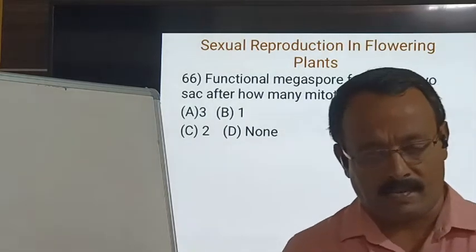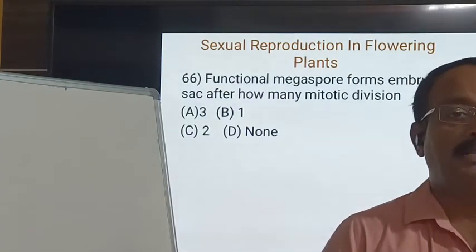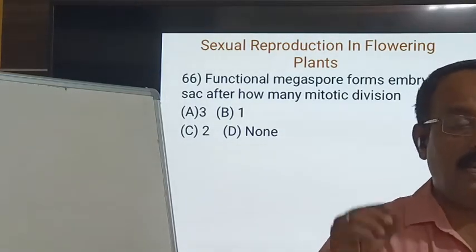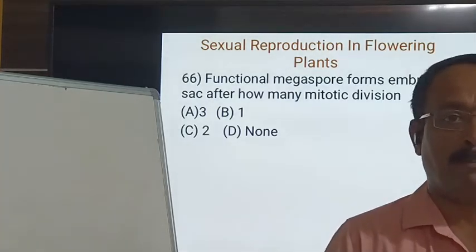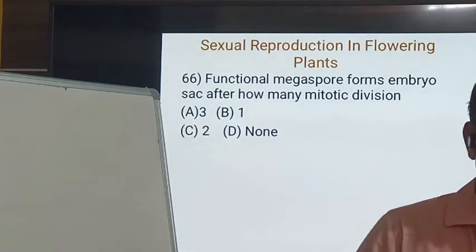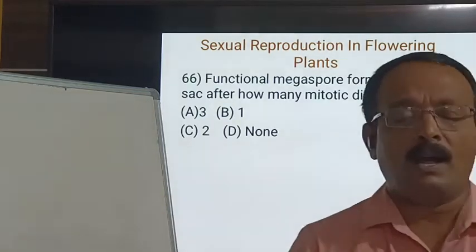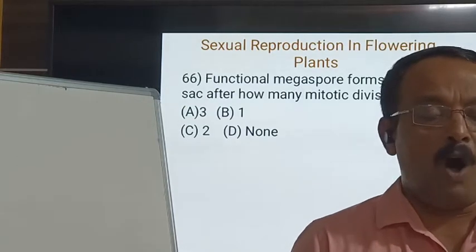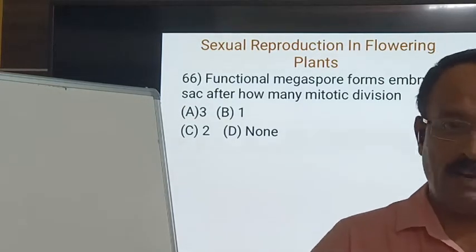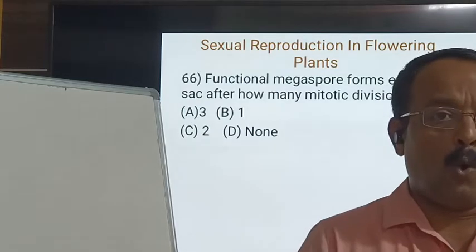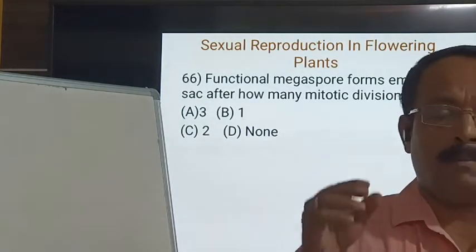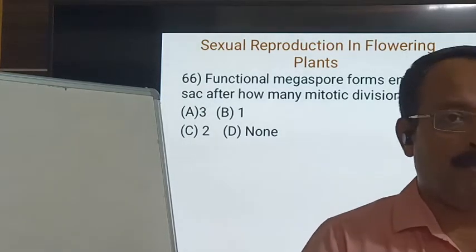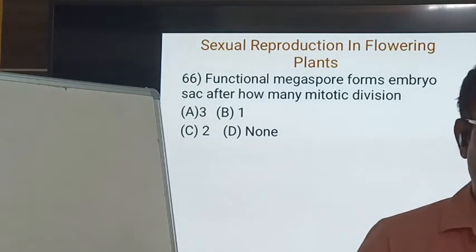As we discussed in the last class, inside the nucellus, towards the micropylar end, a single cell becomes the megaspore mother cell, which is diploid, and this diploid megaspore mother cell undergoes meiotic division to produce 4 megaspores. Out of 4 megaspores formed, 3 will degenerate. Only a single haploid megaspore produces the entire embryo sac. So that is called monosporic development.